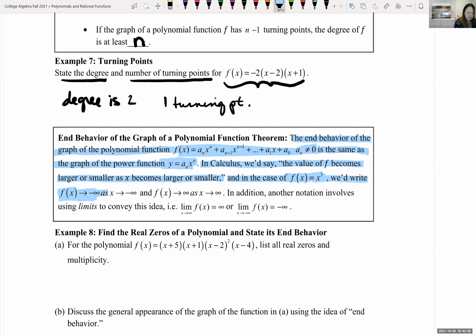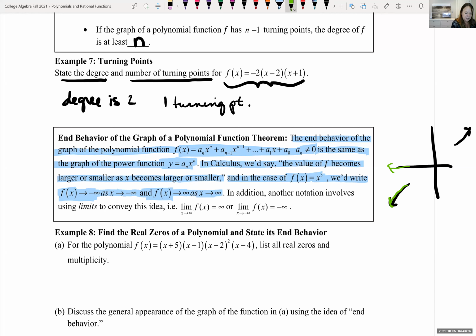And we would say that f of x goes to infinity as x goes to infinity. Right, so as x goes to negative infinity, f of x, our y value, shoots to negative infinity. As x goes to positive infinity, f of x goes to positive infinity.